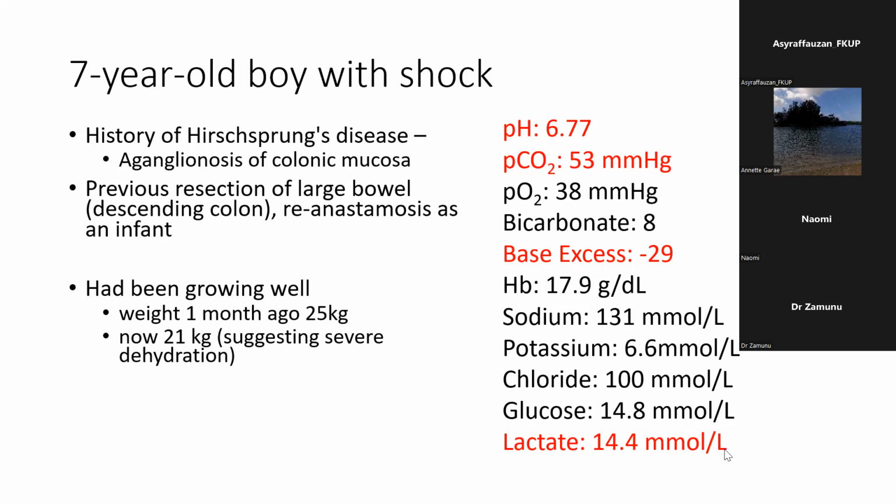When you look at blood gases, sometimes you can see the glucose and sometimes you can see the lactate. What do you think about the glucose? Has anyone got a comment about the glucose? Why might the glucose be 14?